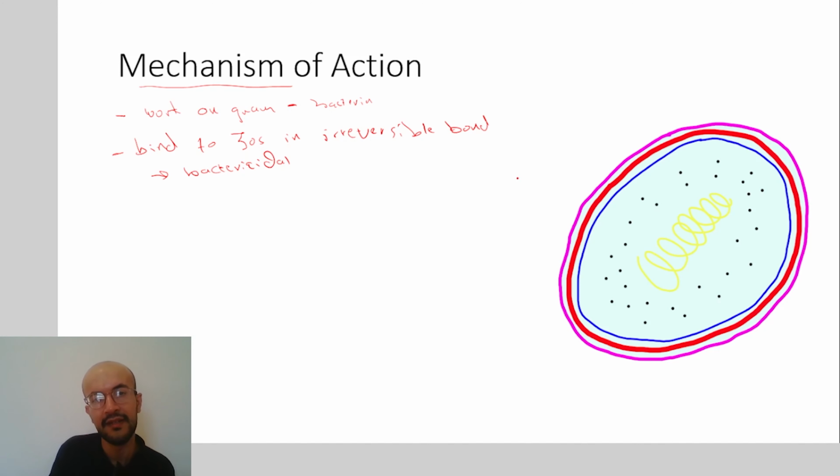Now let's explain why they work on the gram-negative bacteria. We have the plasma membrane, the cell wall, and the outer membrane of the gram-negative bacteria.